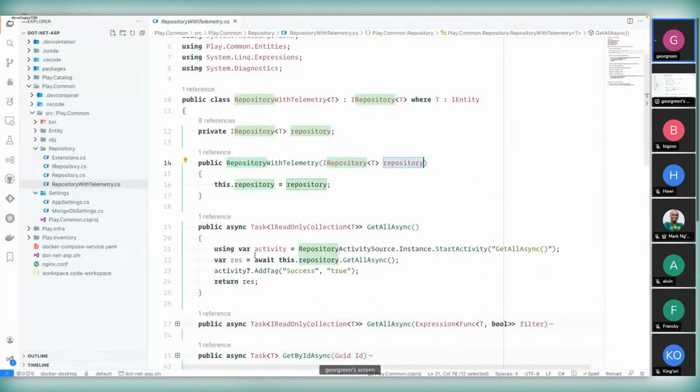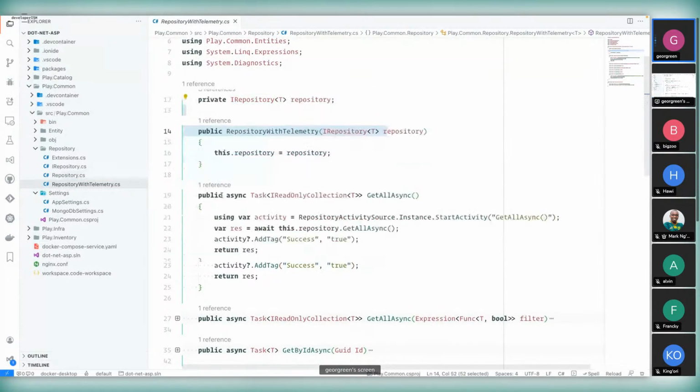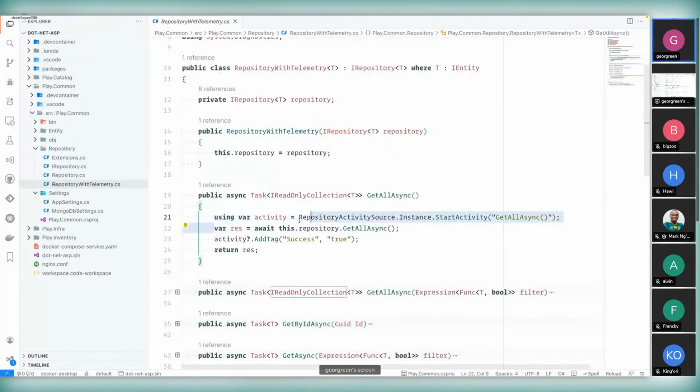So for example, here you can see I depend on this repository, and around it, I don't do anything fancy. I just send the queries down to the implementation. But here is where I add those telemetry concerns.